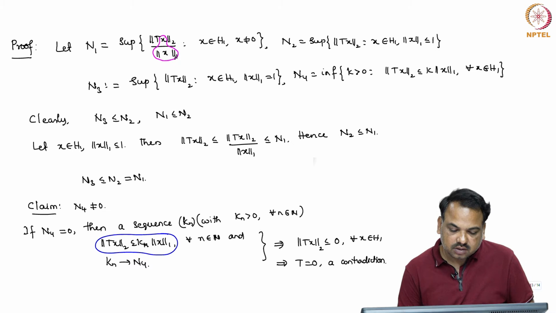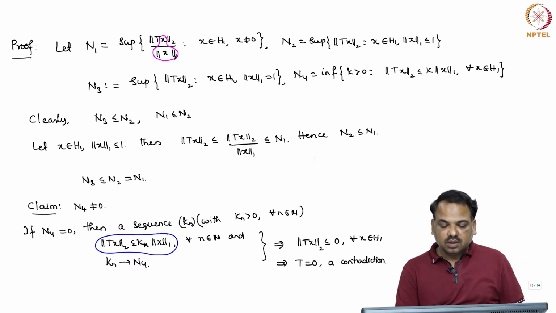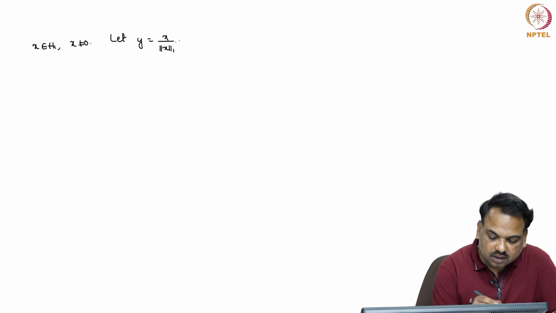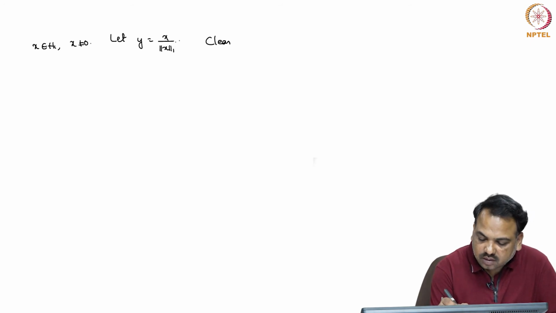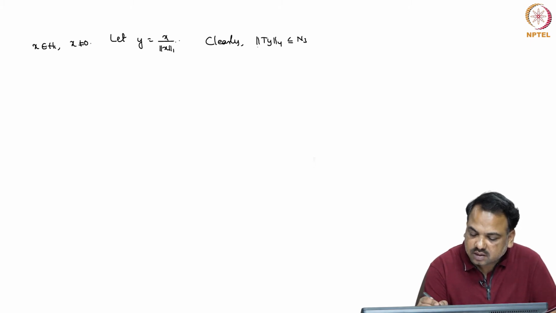N3 is the supremum of norm Tx over norm x equal to 1. So by definition of N3, norm Ty is less than or equal to N3. This implies norm Tx by norm x is less than or equal to N3.